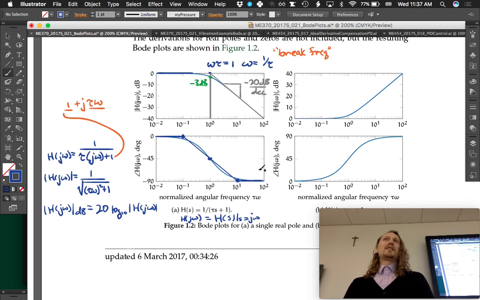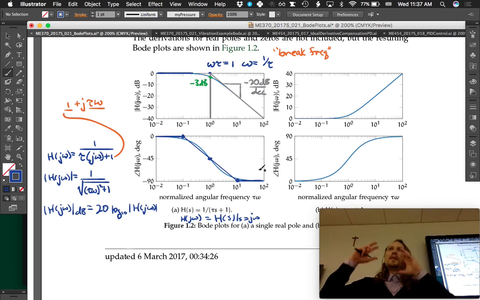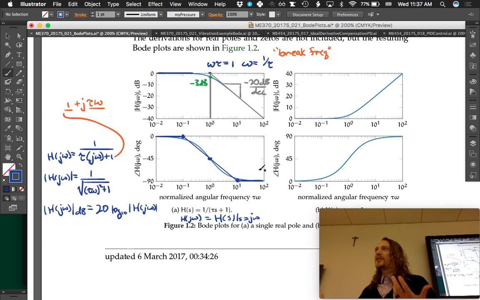Does that make sense? It's a little more clear? Okay. I mean, we're a little bit caught up in the weeds of the math right now, aren't we? And we're trying to learn how to sketch these things. We know they're ways of representing the relative amplitude and the relative phase of the input and an output, if you have an input that's a sinusoid.